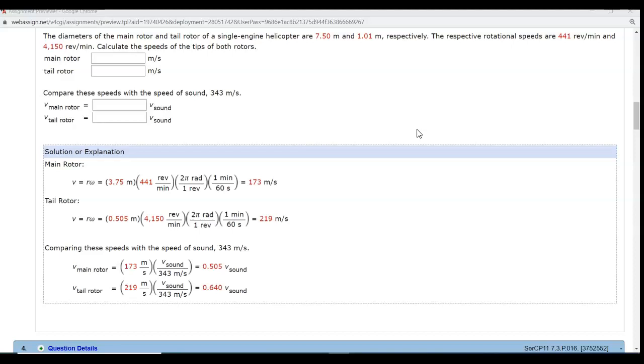So for the main rotor, the velocity is calculated by the radius times the speed that it's traveling at, and then we use our conversions to go from revolutions per minute to radians per second, and multiply that times the distance, which was half of what is given, because it's the radius, not the diameter. So we need half of the diameter.